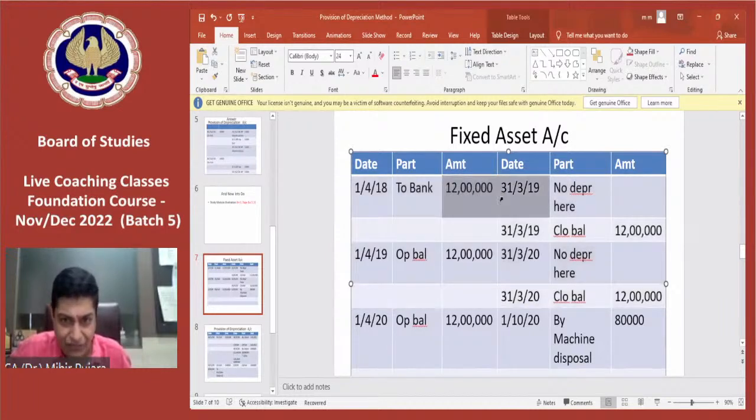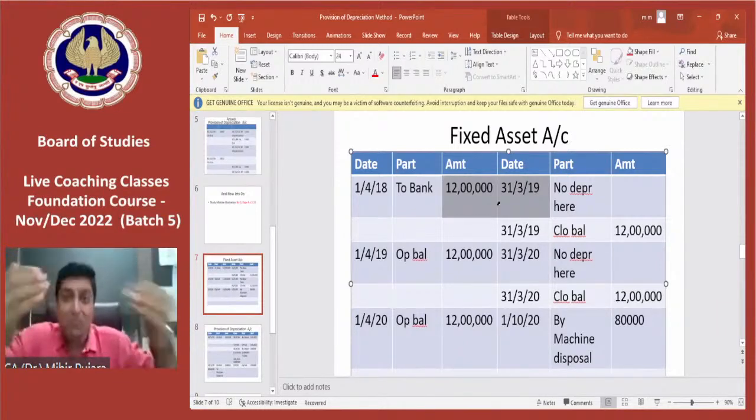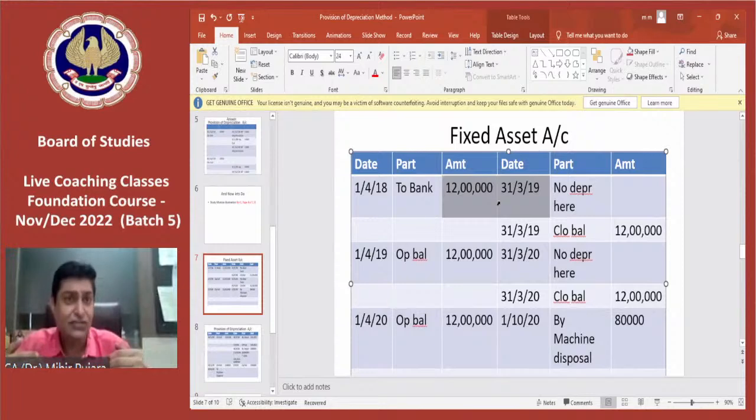Simple. First year, depreciation will be on this 12 lakh, at 10%, that is 1,20,000. Second year, because it is WDV, I have to provide depreciation not on 12 lakh, but on 12 lakh minus first year depreciation, that is 1,20,000. So 10 lakh 80,000.